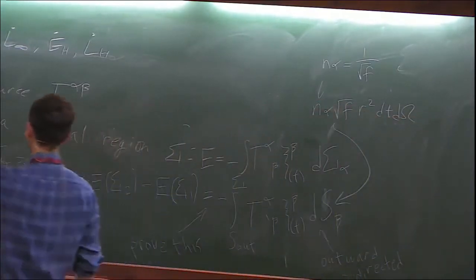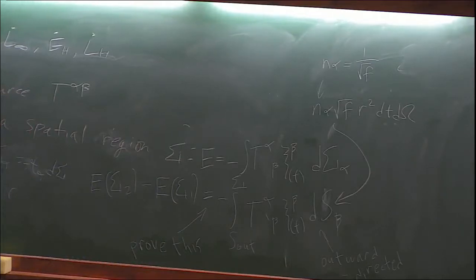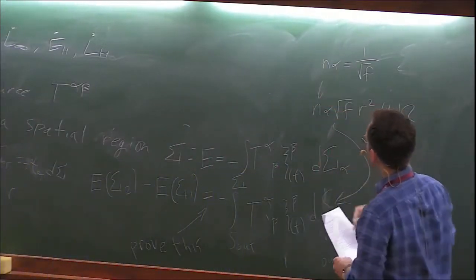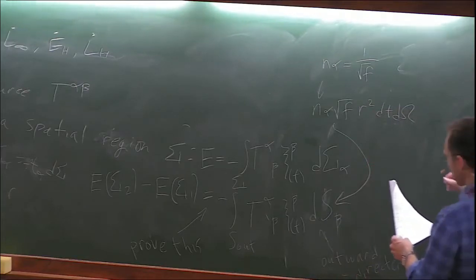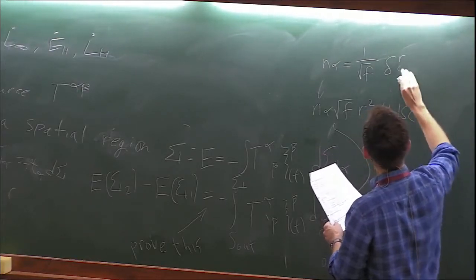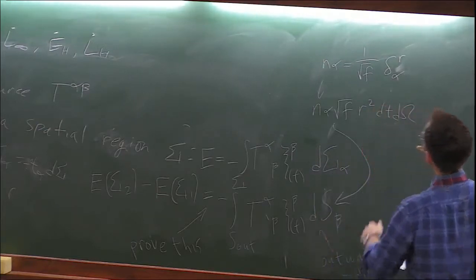So dt d omega is just the natural element on the surface. You're going up in t, and you're going around in angles. And this is the radially outward directed unit normal, which is 1 over square root of f delta r alpha.